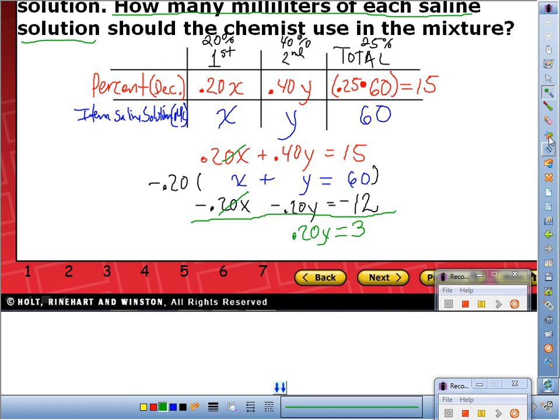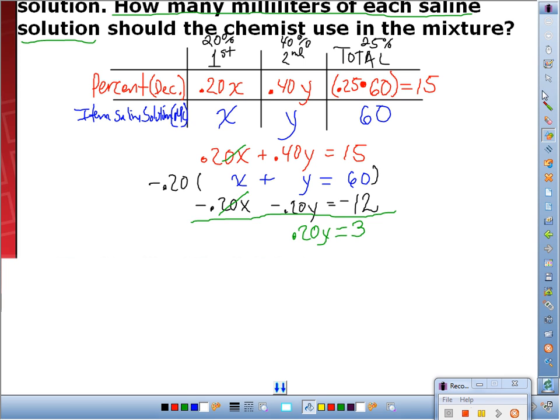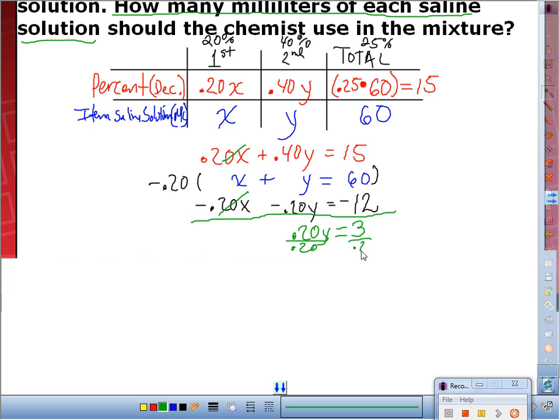Are we there so far? Okay, let's solve for y. Divide by 0.20 both sides. Y equals, let's see, 3 divided by 0.20.